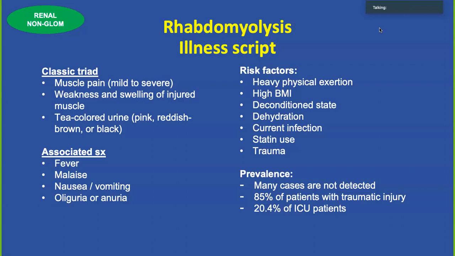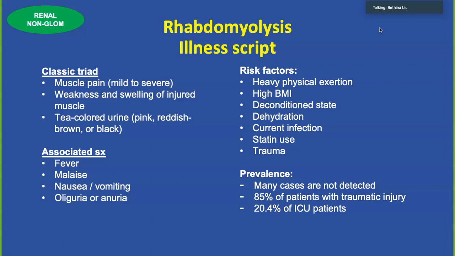For rhabdomyolysis, you would typically see a classic triad of muscle pain, which may range from mild to severe, as well as weakness and swelling of the injured muscle, and tea-colored urine that could range from pink or reddish brown to black.